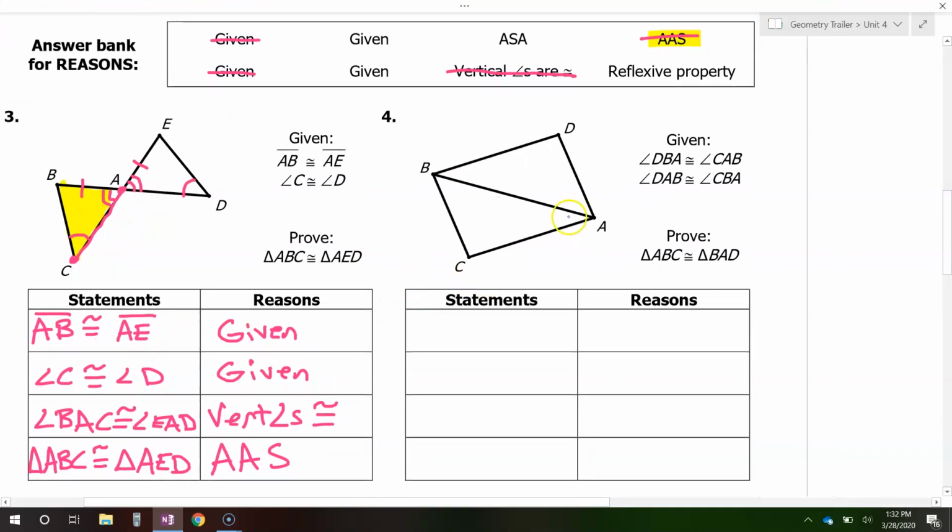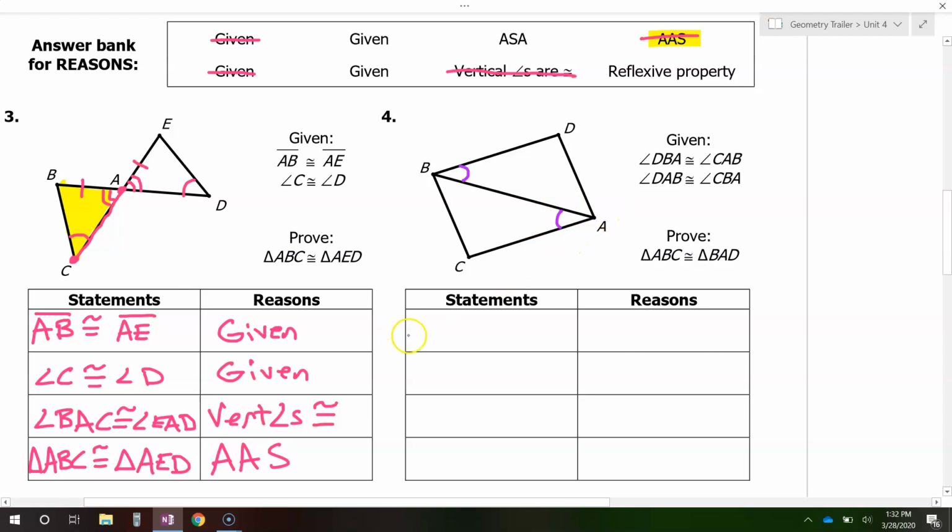Now, let's switch to problem number 4. We are given that angle DBA, that's this angle right here, is congruent to angle CAB. Let's see, CAB, that's going to be this angle right here.